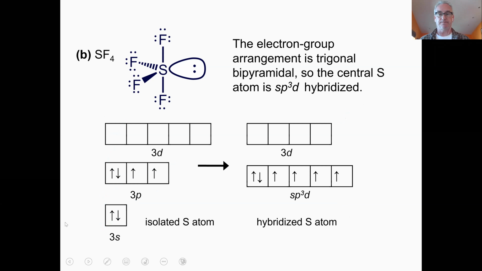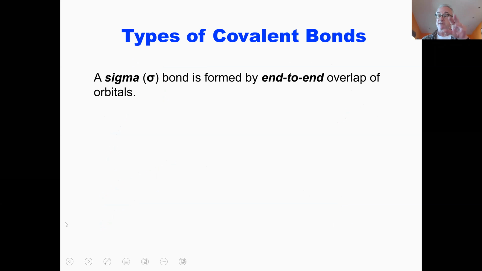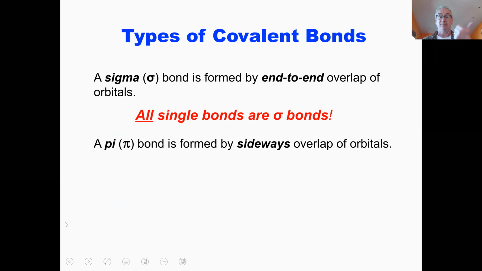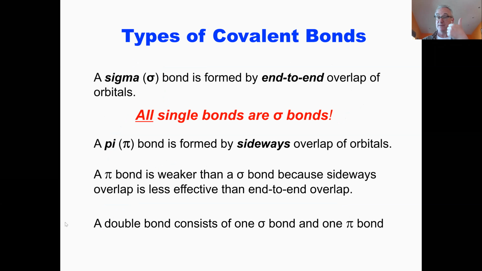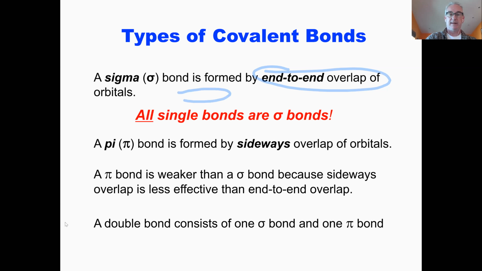So these are the two different types. As you pointed out, sigma bonds are single bonds. And as I've been showing, or as I've been attempting to show, all sigma bonds are made by end-to-end overlap of those orbitals, like the hybridized orbital and the unhybridized orbital of the incoming atom.